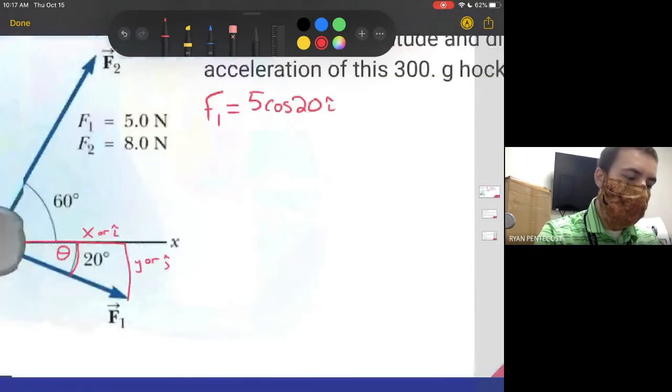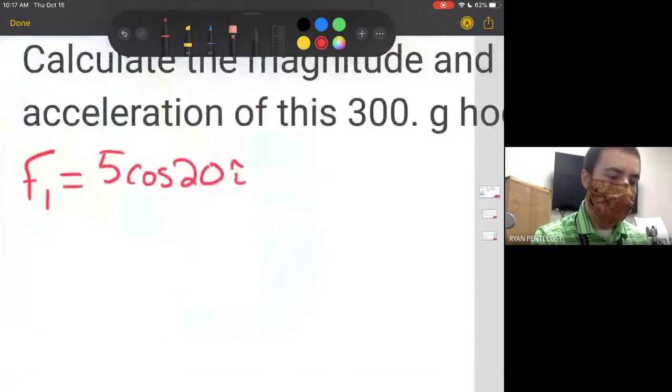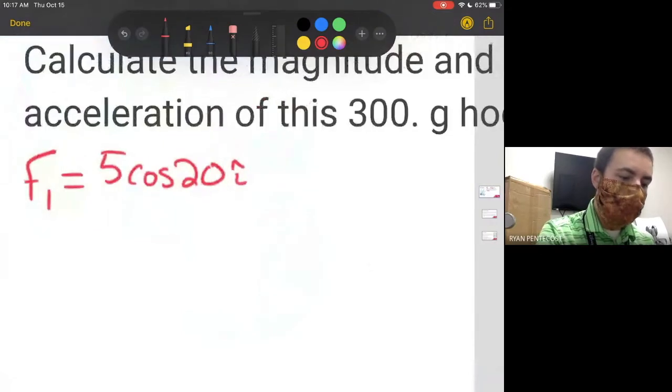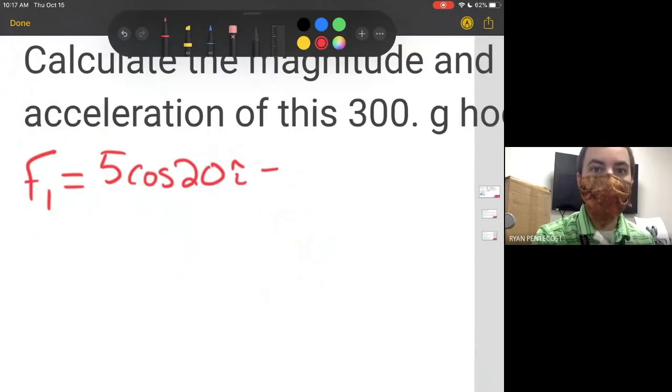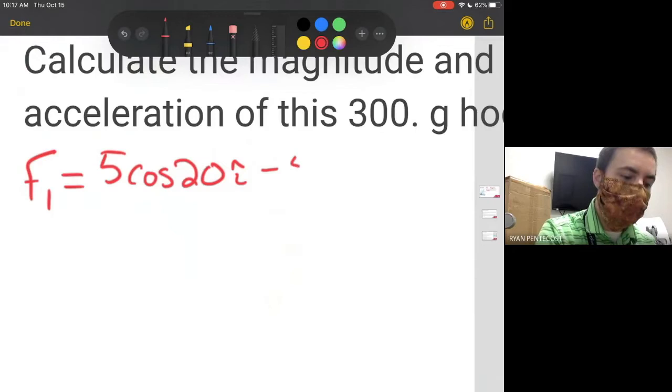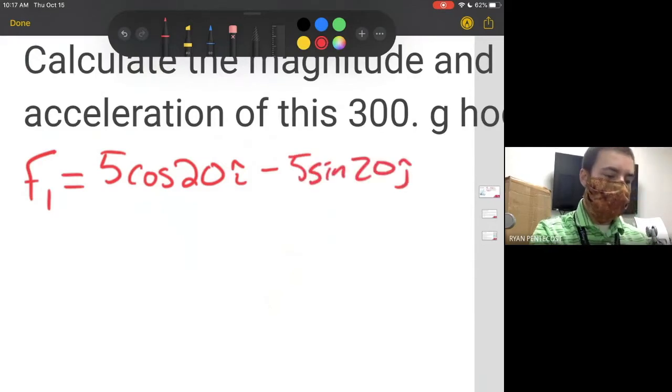All right, so F1 is 5 cosine 20 i hat. Now this would be minus because that is negative y, right? It's going down below the x-axis for that one. Minus 5 sine 20 j hat.